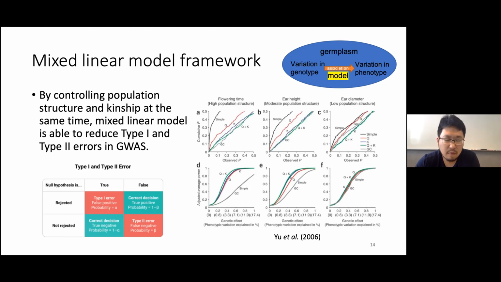So this simulation study demonstrates that by including population structure and kinship in the mixed model framework, we can increase the ability of finding true positives while reducing the chances of finding false positives in genome-wide association study. And this is how population structure is addressed in genome-wide association study.